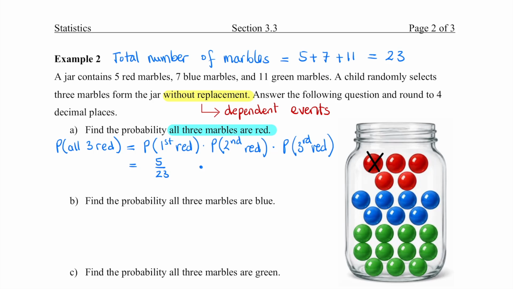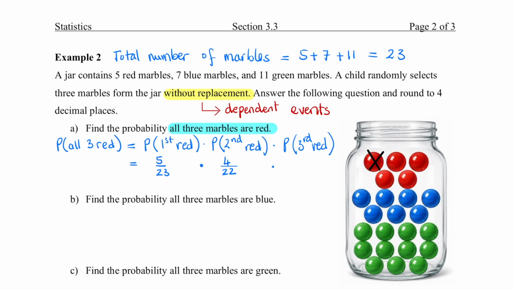So the probability that the second one is red is 4 out of 22. After removing another red marble, there are now 3 red marbles remaining out of 21 total marbles. So the probability that the third marble is red is 3 out of 21.